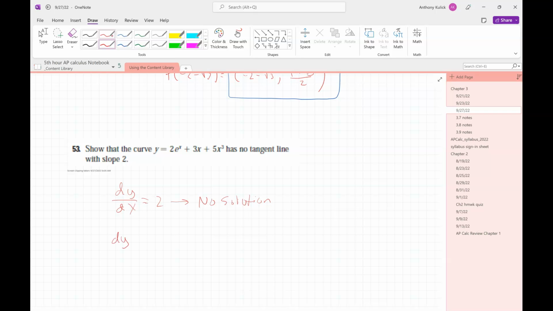So first order of business would be to calculate the derivative. The derivative of 2e to the x is just 2e to the x. The derivative of 3x is 3. And the derivative of 5x cubed is going to be 15x squared.